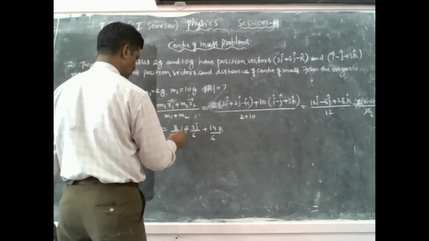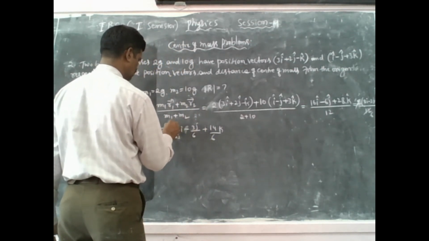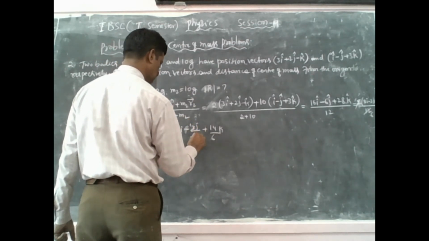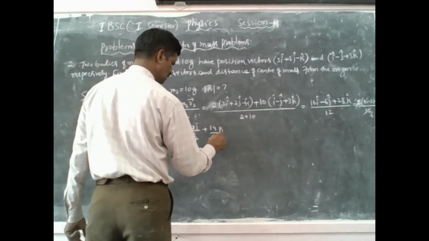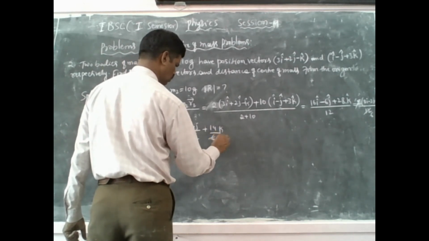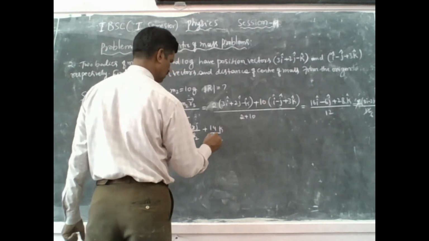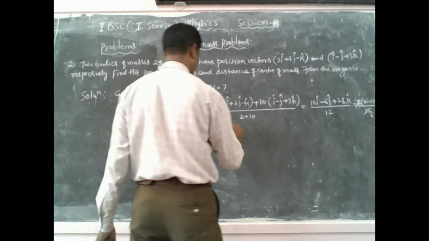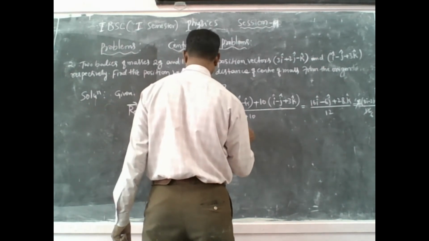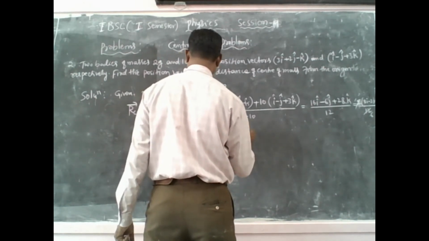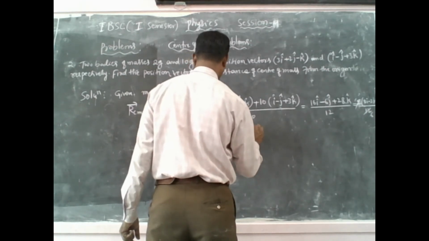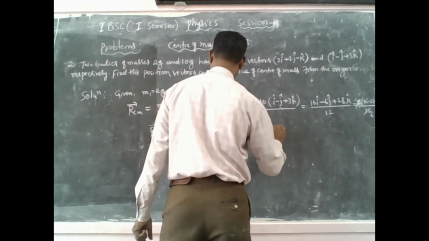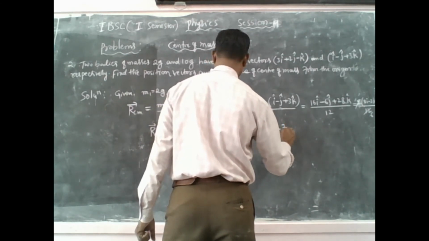So here 2 3s are 6 and 2 4s are 8, and 2 7s are 14. So that's why I am going to write the vectors again: 4 by 3 i minus 1 by 2 j plus 7 by 3 k.